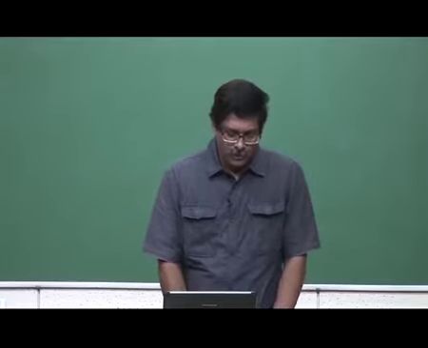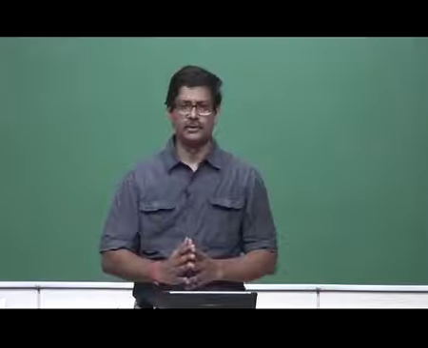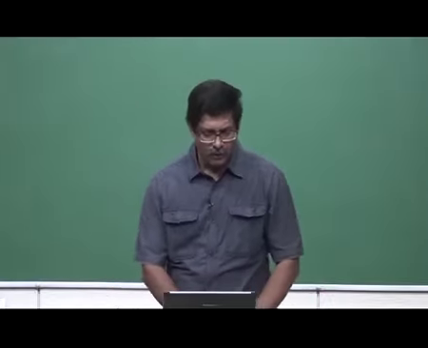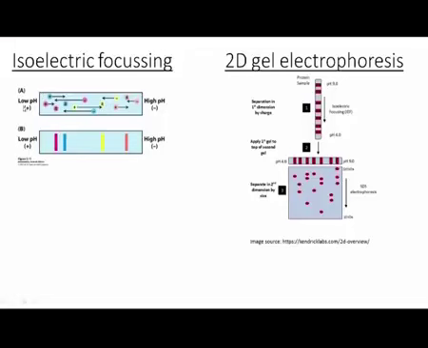So, what is isoelectric point? The isoelectric point of a protein is the pH at which the charge on the surface of the protein becomes neutralized. So, what happens is in an isoelectric focusing you have a gel, and then the gel has ampholytes.